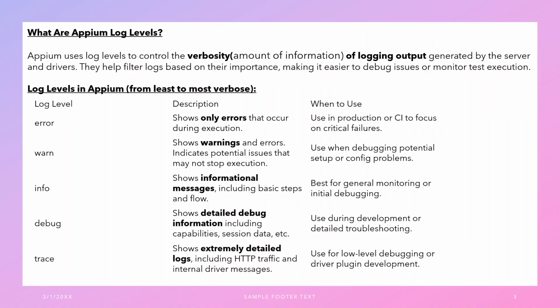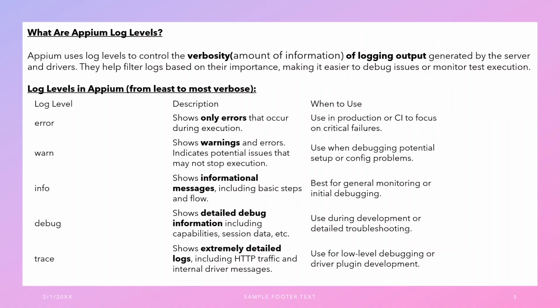When you start the APM server and run any script, it generates a certain amount of logs. We have seen the APM server, right? We see a certain amount of logs. To control the amount of information I want, we use log levels.